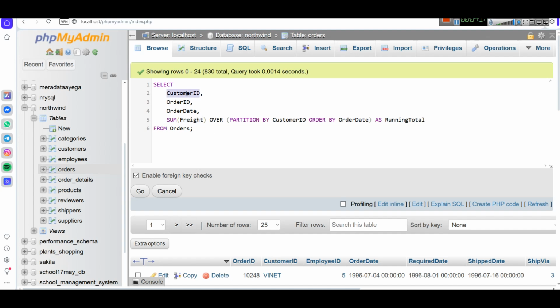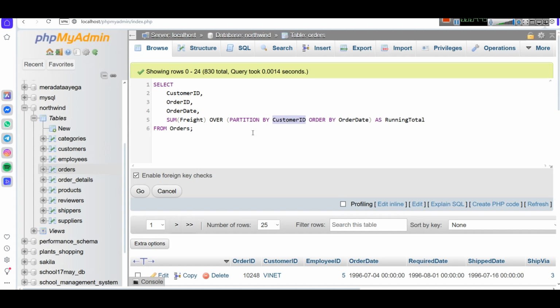We are writing select customer ID, order date, and sum of freight. Sum of freight will sum all the freight charges paid by one customer. So we write sum freight over partition by customer ID, partitioning the results by customer ID.